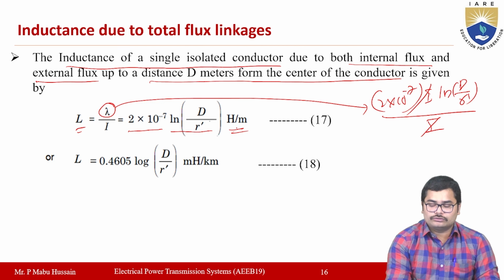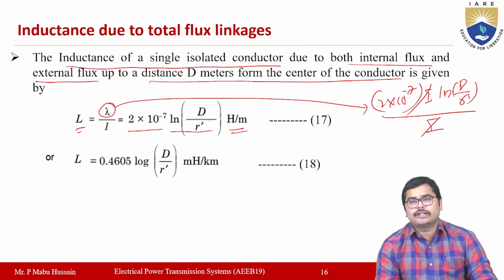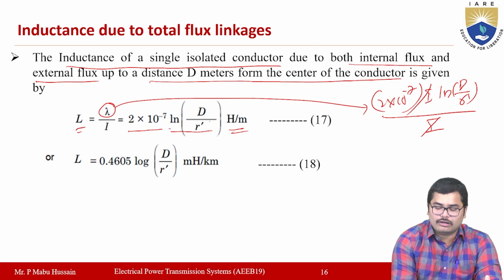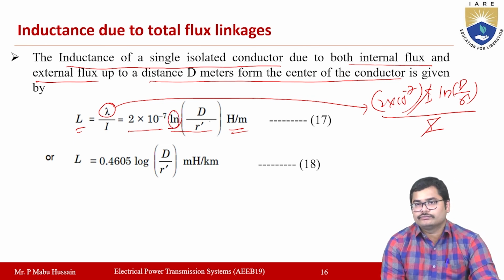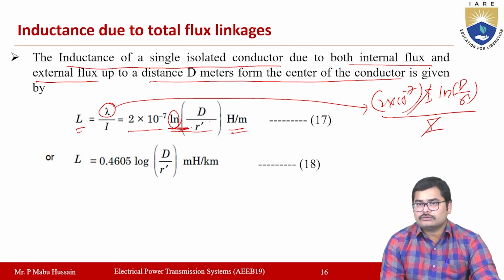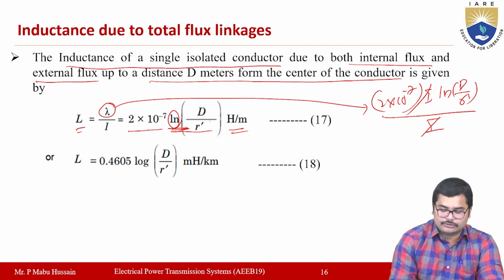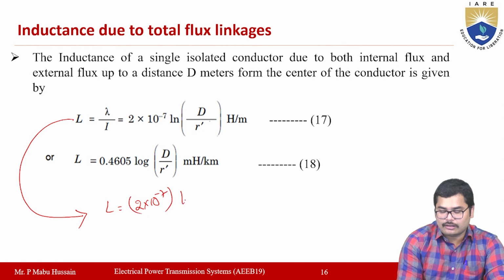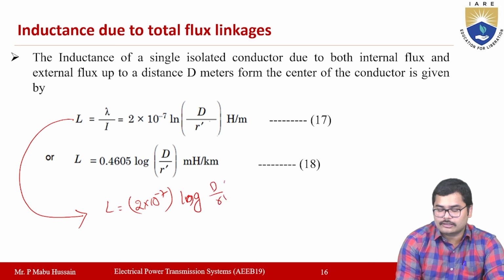Now if you want to convert this henries per meter into millihenries per kilometer, or if you want to convert this ln term to a logarithmic term, how can you write it? We will see here. This expression you can write as L is equal to 2 into 10^-7 ln d by r dash, where ln is nothing but log to the base e.